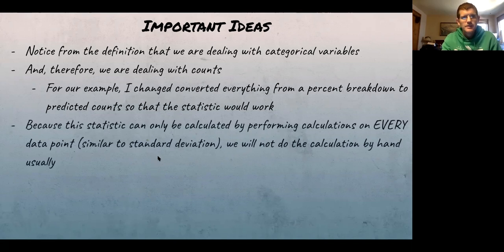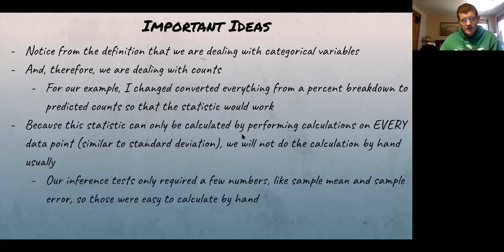Because this can only be calculated by performing calculations on every data point, we are not going to be doing this calculation by hand usually. Imagine there were hundreds of data points. That would just take so long, and your calculator can do it much easier. And just to contrast that against our inference tests, even with the most complicated test that we did, and maybe you think the 2-sample t-test was the most complicated.